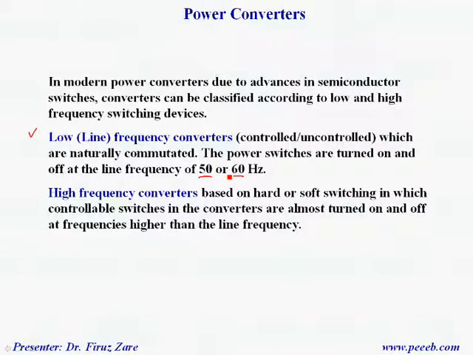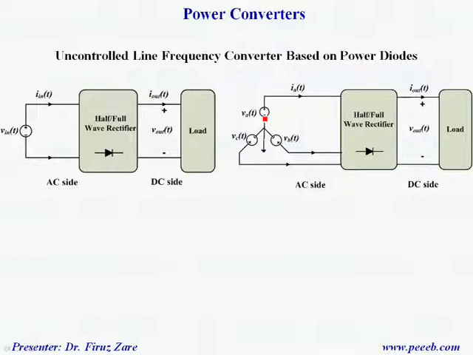Normally these types of converters are controlled or uncontrolled rectifiers. The next one is high frequency converters based on hard or soft switching, in which controllable switches like MOSFET and IGBT are turned on and off at a frequency higher than the line frequency. So let's start with the uncontrolled line frequency converter based on power diodes. This is a single phase.